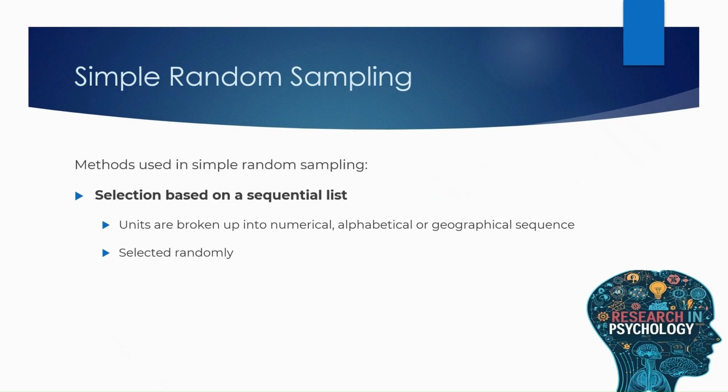Okay, so next we have selection based on a sequential list. Here the units are broken up into numerical, alphabetical or geographical sequence and selected randomly. This means I have a class of 50 students and I tell everyone to start counting 1, 2, 3, 4 from one corner.